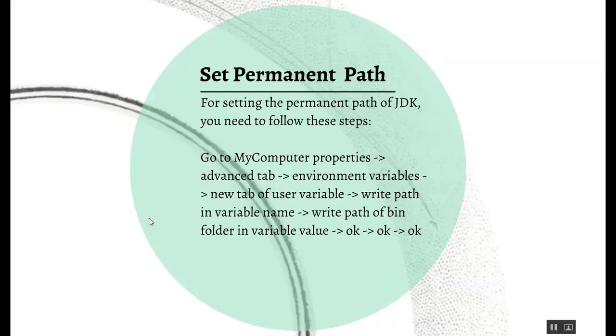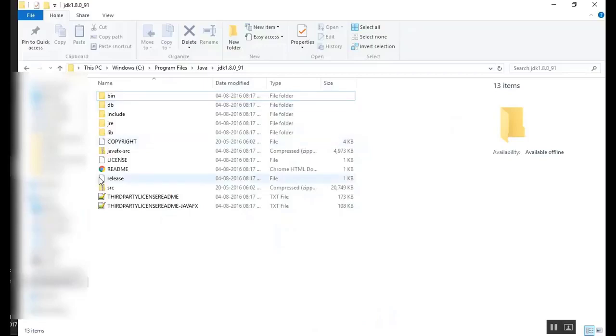The steps are: go to My Computer properties, then in the advanced tab you have environment variables. In environment variables you use a user variable and write a path name. Let's see how we can do that. Here I have my path set up in Java, Program Files, Java, and JDK 1.8.